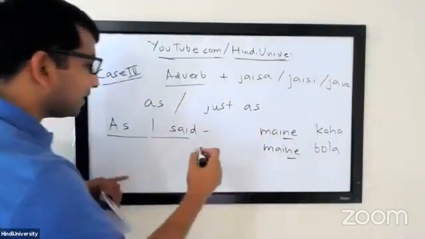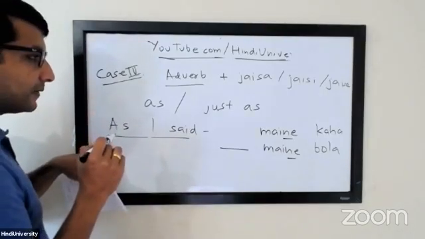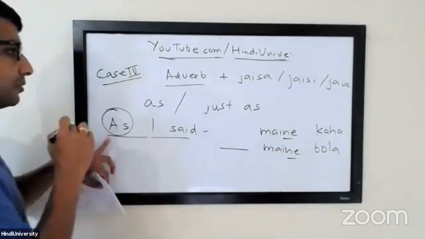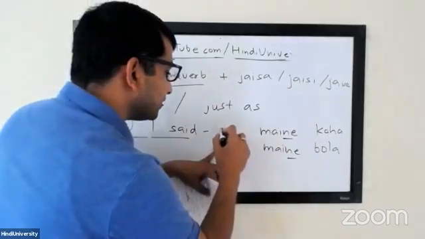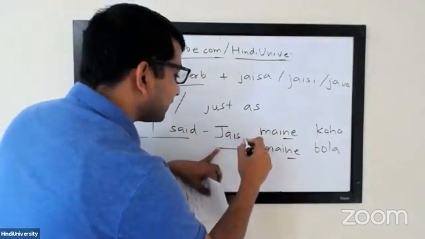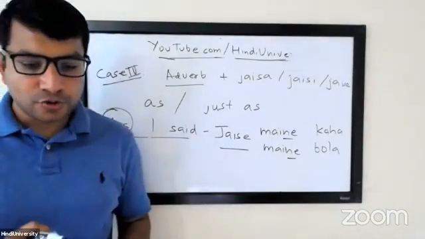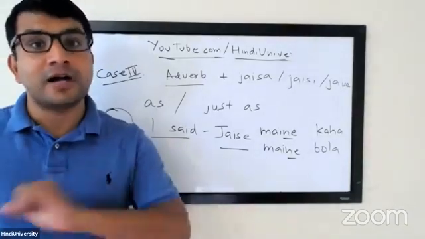So मैंने कहा. Now what do you put before that? You put "as I said." Now it's used as an adverb, and in Hindi you will put जैसे मैंने कहा or जैसे मैंने बोला. So if I'm saying "as I said, you cannot go outside," जैसे मैंने कहा तुम बाहर नहीं जा सकते हो.